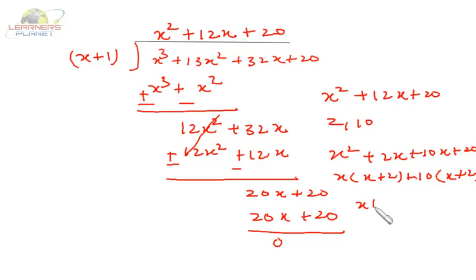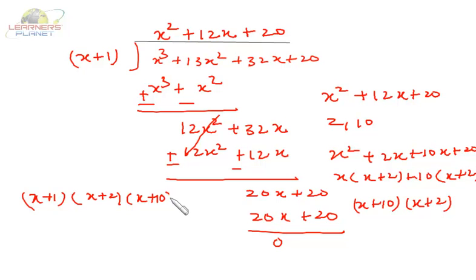So finally it is x plus 10 and x plus 2. So we got the factors of x cube plus 13x square plus 32x plus 20. So x plus 1, x plus 2, x plus 10 are the factors of this polynomial. I hope you are clear.